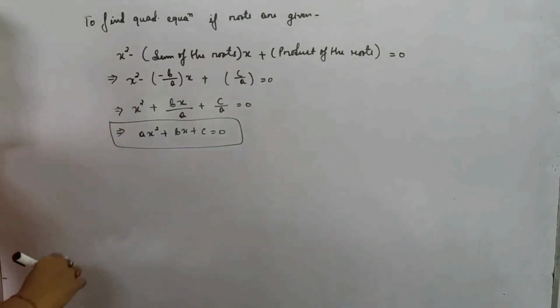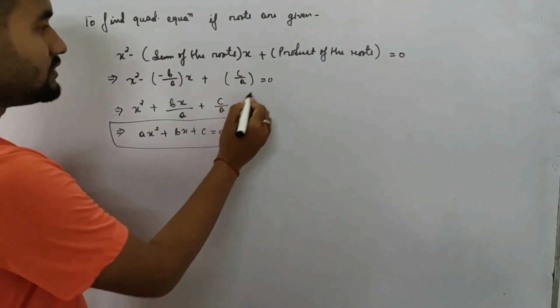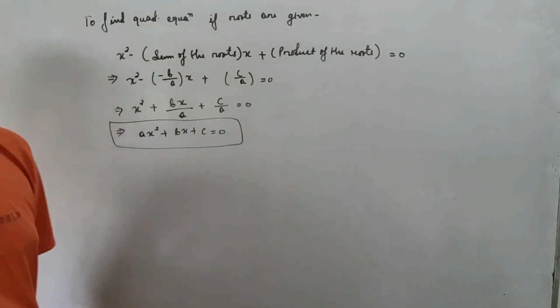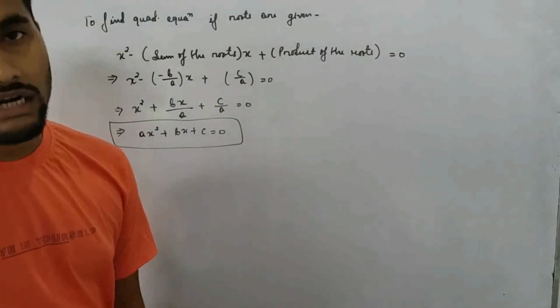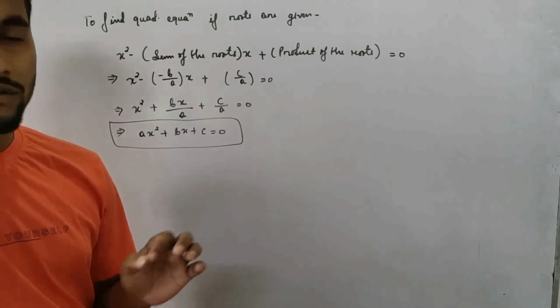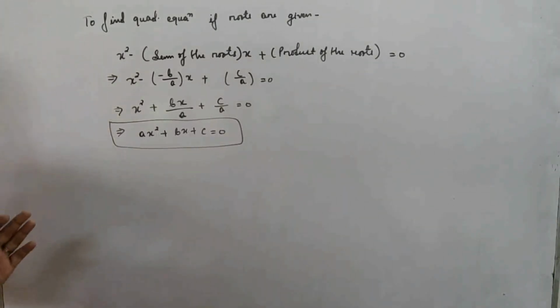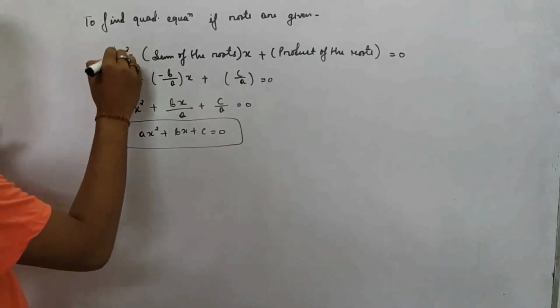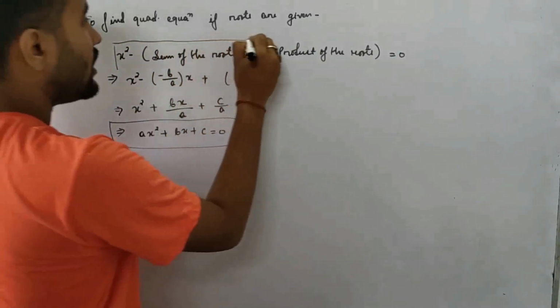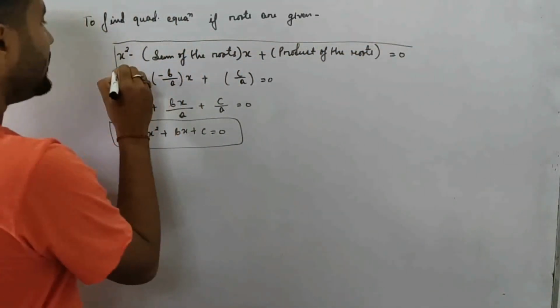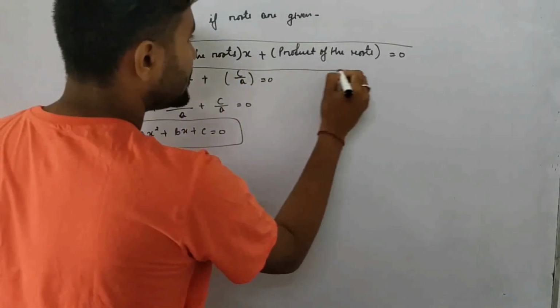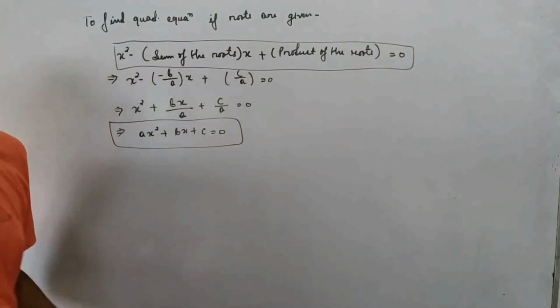And you know a cannot be 0. Over here also simple, a is in the denominator, so a cannot be 0 if it is a quadratic equation. The coefficient of x square cannot be 0. Done. This is the formula to find the quadratic equation from the roots.